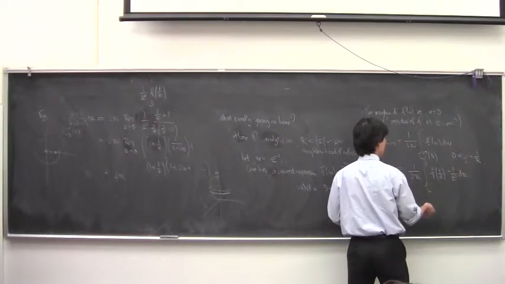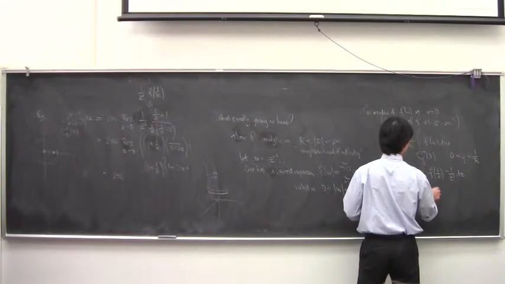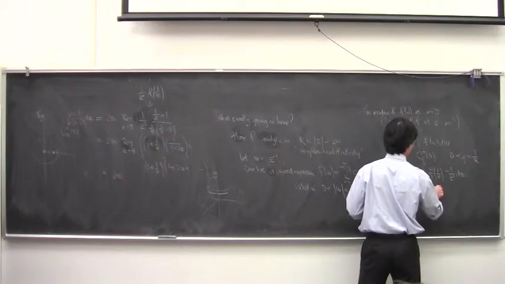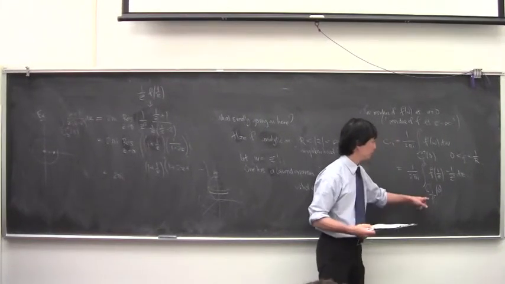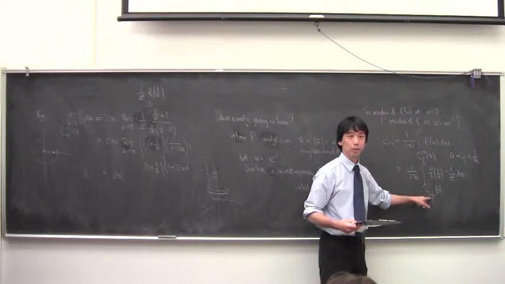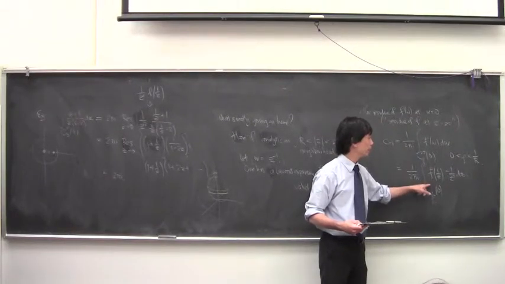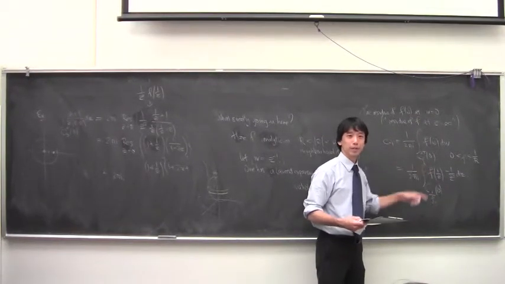And what's going to be the domain of integration? What's going to be the contour of integration? Well, it will be over the circle of radius 1 over rho, but it will be going in the opposite direction.